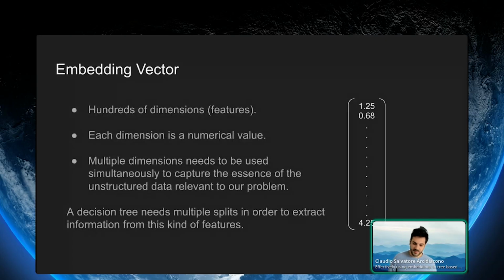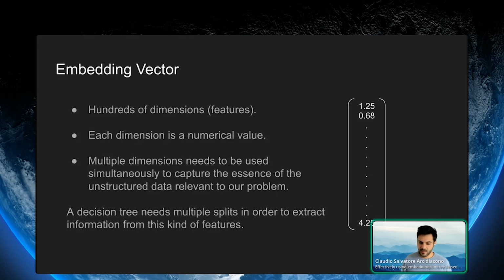When, on the other hand, we look back at what an embedding vector looks like, we understand maybe why the two things don't work well together. Embeddings have hundreds of dimensions. Each dimension is a numerical value, so it's not Boolean, meaning that we may need to split on the same value multiple times in order to extract all the relevant information from it.